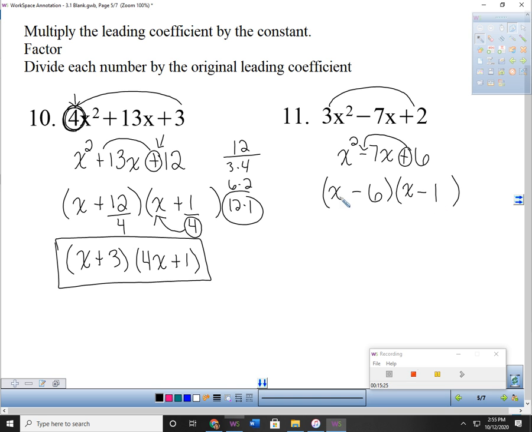And once you get that factored, you have to remember to divide by that number in the front that you multiplied by. So I'm going to divide by 3. And reduce. 6 divided by 3 is 2. 1 does not divide by 3, and it also does not reduce, right? So I'm going to pull the 3 in front of the x, so I get 3x minus 1.